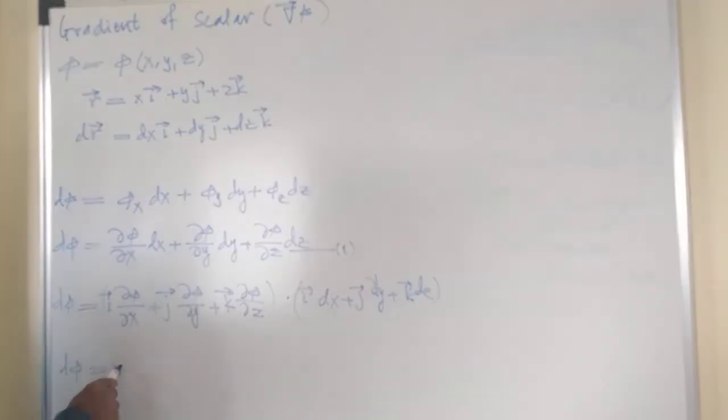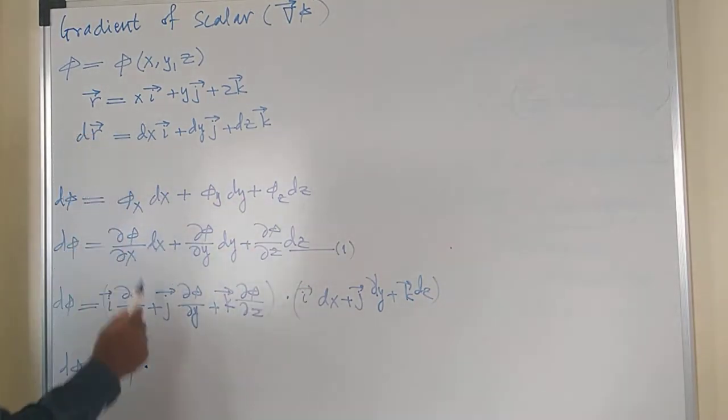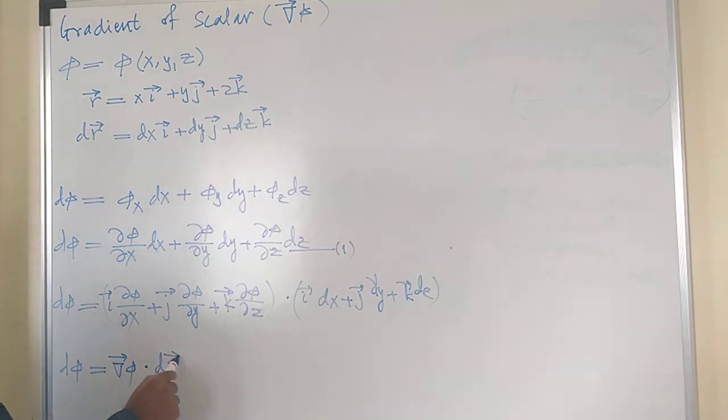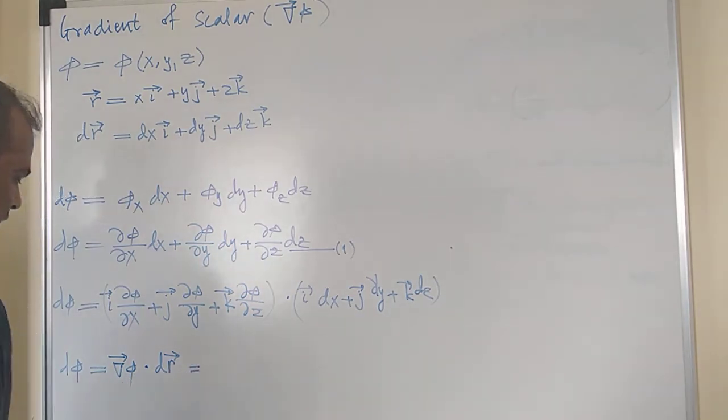And this is nothing but the differential operator into the scalar point function phi, dot, what is this? This is nothing but dr bar. So d phi I got in terms of dou phi into dr bar.